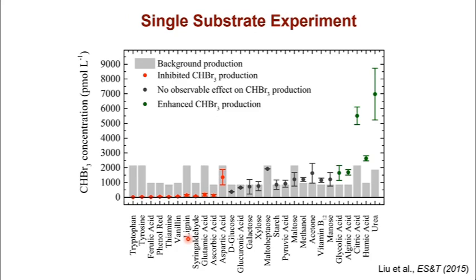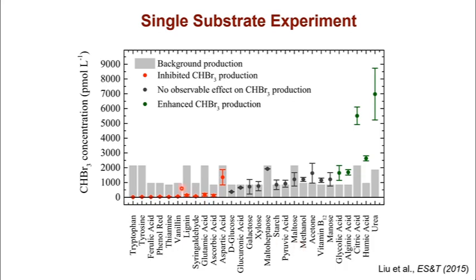So this plot shows you the bromoform produced from the incubation of these 28 different molecules, representing lignin entities, amino acids, and some organic acids important as cell metabolites.